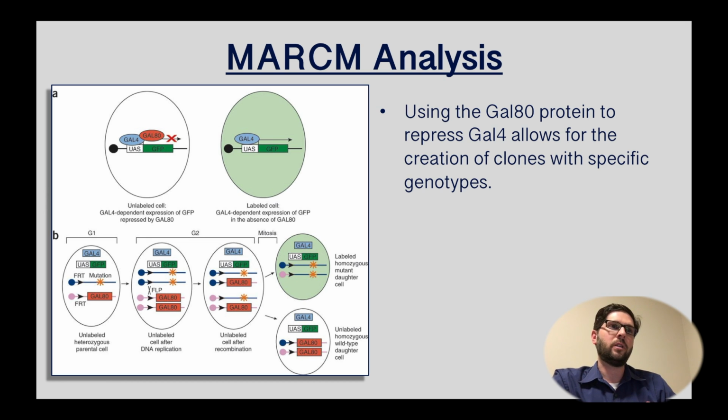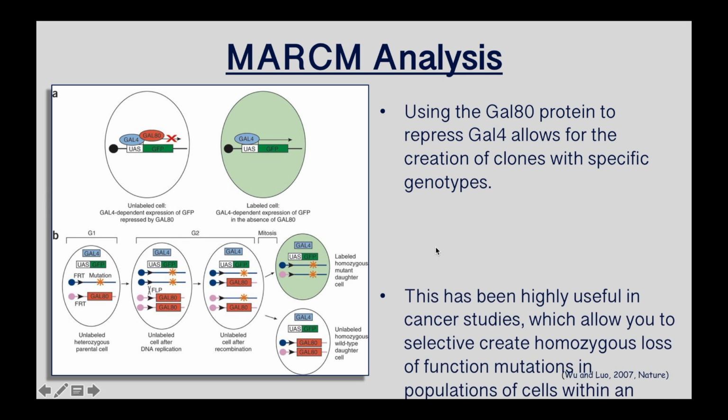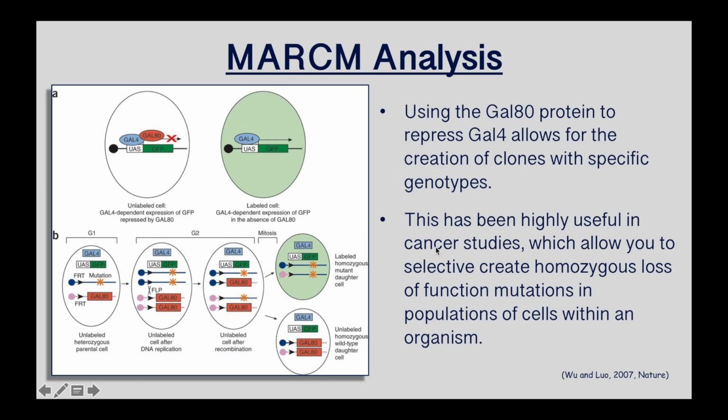And it allows for the creation of what are called genetic clones with highly specific genotypes. This has been extraordinarily useful in cancer studies because it will allow you to create homozygous loss-of-function mutations in a small population of cells within an organism, thus mimicking the etiology of cancer.